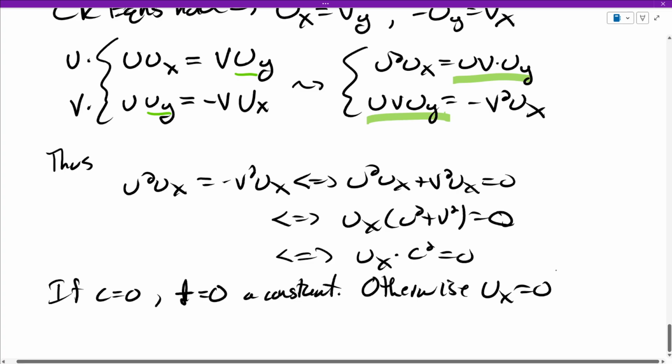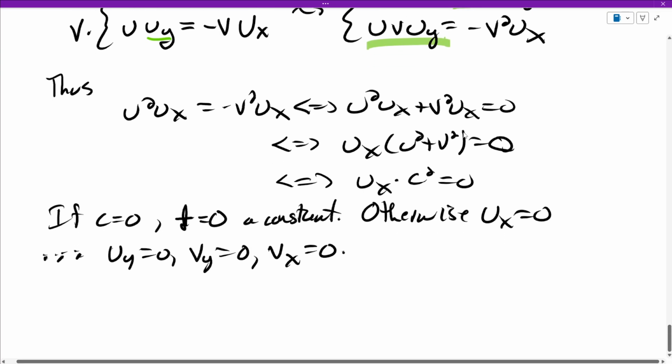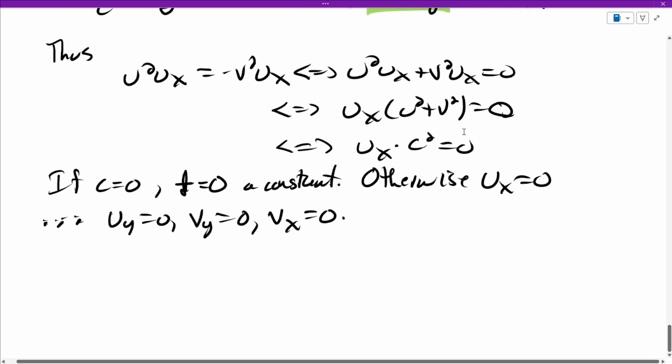And if ux is 0, you can do a similar argument to show that uy is 0, vy is 0, vx is 0. In particular, the partial derivatives of the real and imaginary parts of f are 0. And if your partial derivatives are 0, then you actually have to be a constant function. So what this tells us then is that u and v are constants because their partial derivatives both vanish.